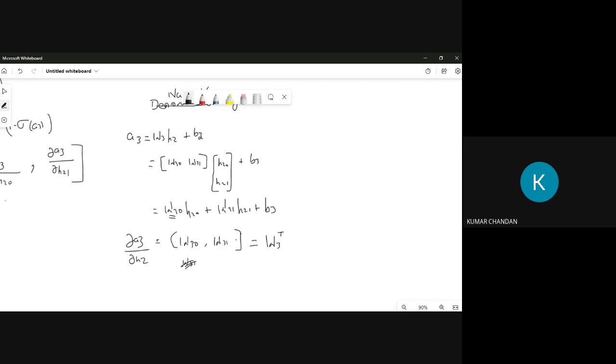And W3 is a 3 by 3 matrix, right? W3 is not a 3 by 3 matrix. It's a 1 by 2 matrix. Yeah, I'm wrong.